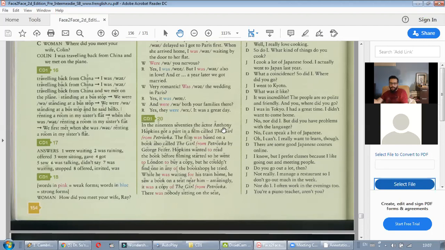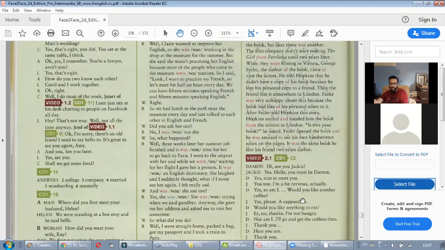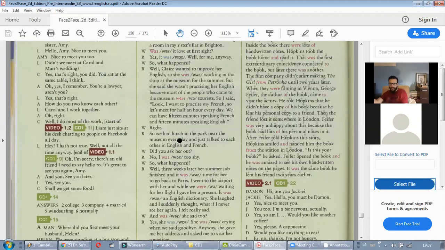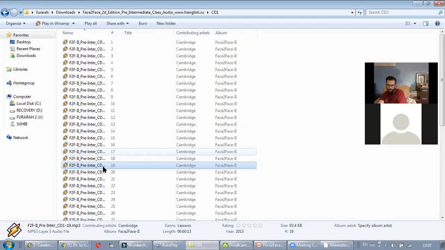Yes. So let's go to the beginning of the conversation. So the conversation starts here. And let's play the track so we can listen and follow the script at the same time.